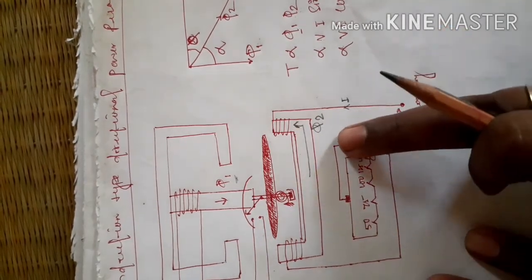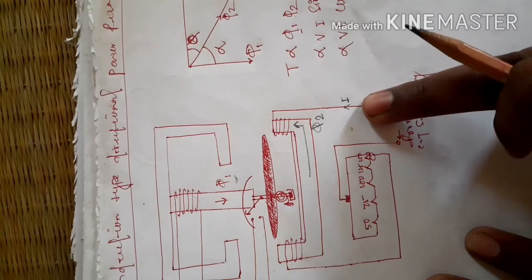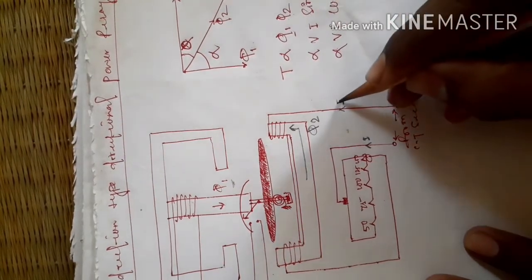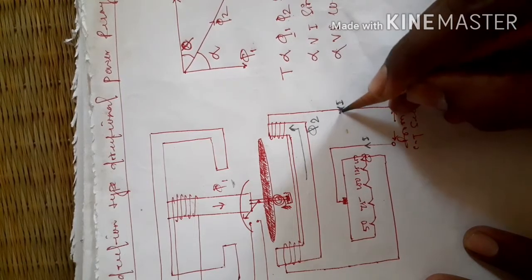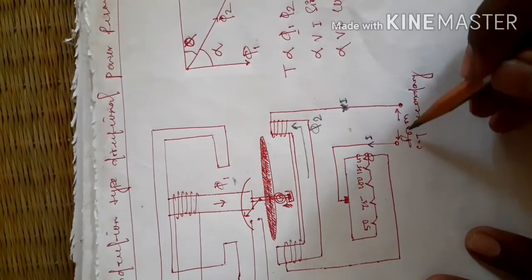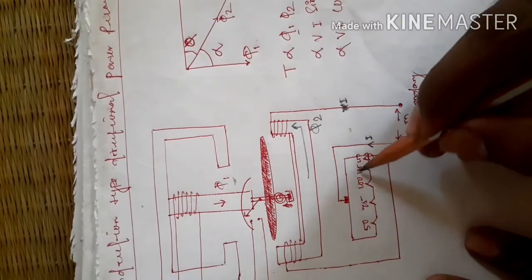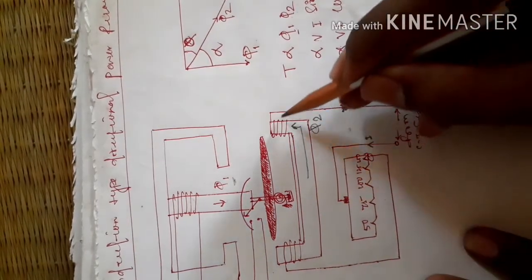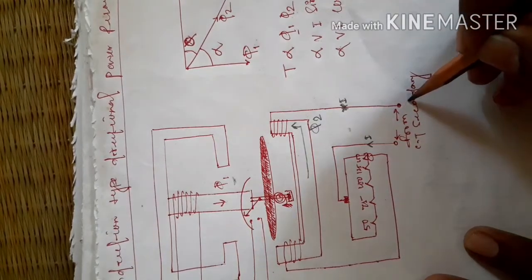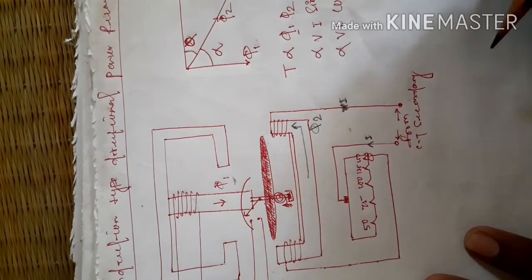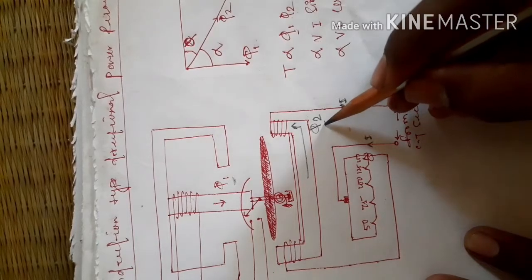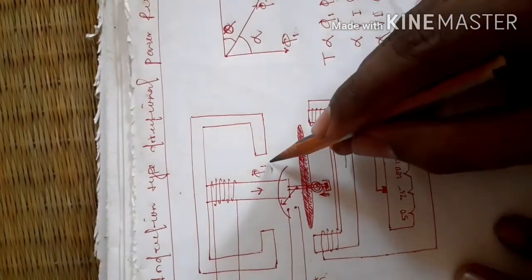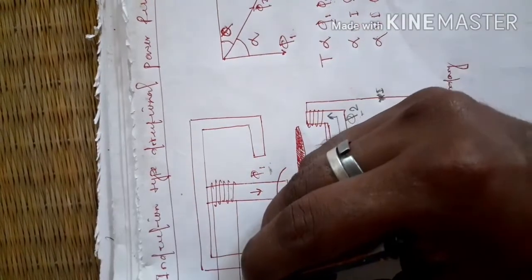So flux phi 2 is developed due to current I. The direction of current I is through the current setting device to this lower electromagnetic coil and again to the CT secondary. So this flux phi 2 is developed due to current I, and this flux phi 1 is developed due to voltage V.